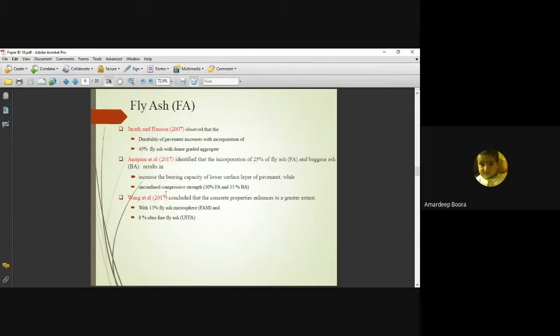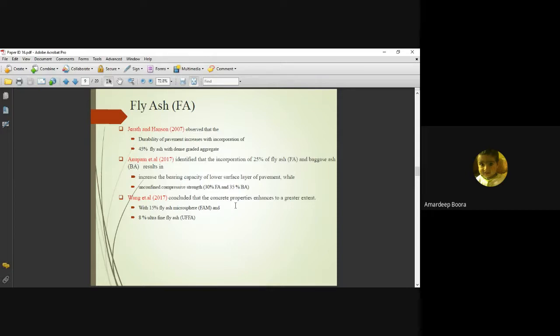Bang et al. also concluded that 50% of fly ash as the microsphere, fly ash microsphere. What is this? This is superfine fly ash having diameters D50 and D90 in a specific range, like 0.63 micrometers to 8.23 micrometers.